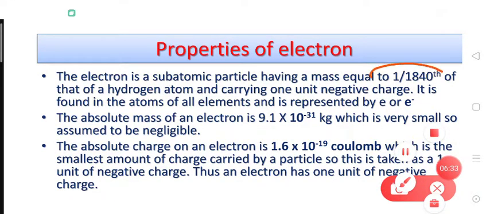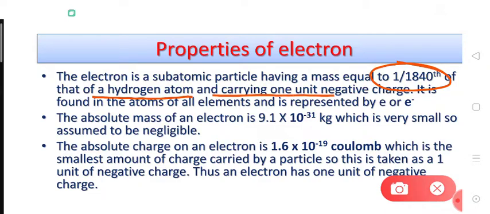Dear students, the mass of an electron is very much smaller compared to the mass of a hydrogen atom. The electron is a subatomic particle having a mass equal to 1/1840th of that of a hydrogen atom, and carrying 1 unit negative charge.